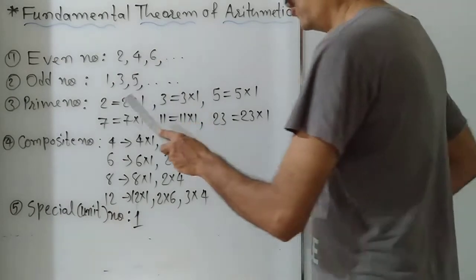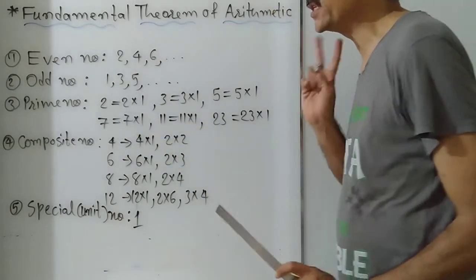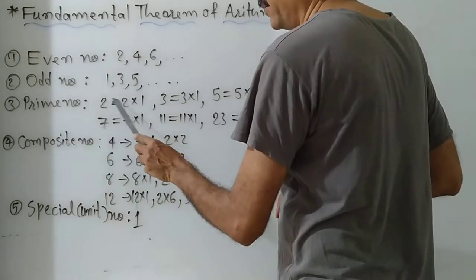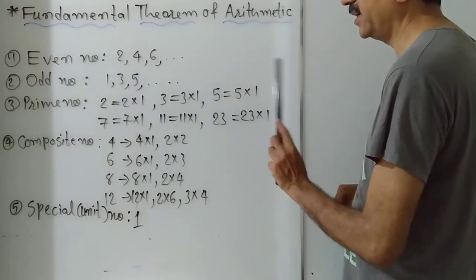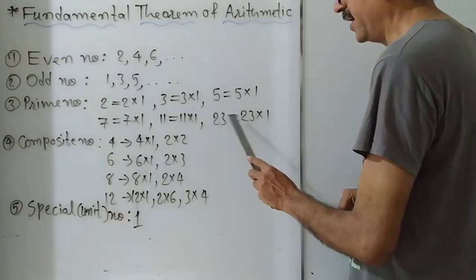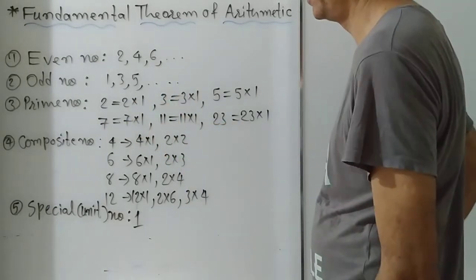All these numbers have two distinct factors: 1 and the number itself. You see it in each number.